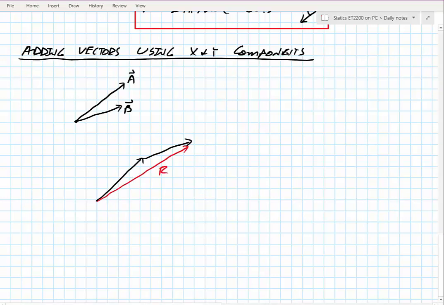The way we're going to think about this today, I should label all this, this is A and B, is that if I were on my coordinate axis, I can look at how the projections, or the components, would work. For A, I have some A_x i hat, and over here I can add on to that the vector for the x direction from vector B, B_x i hat.